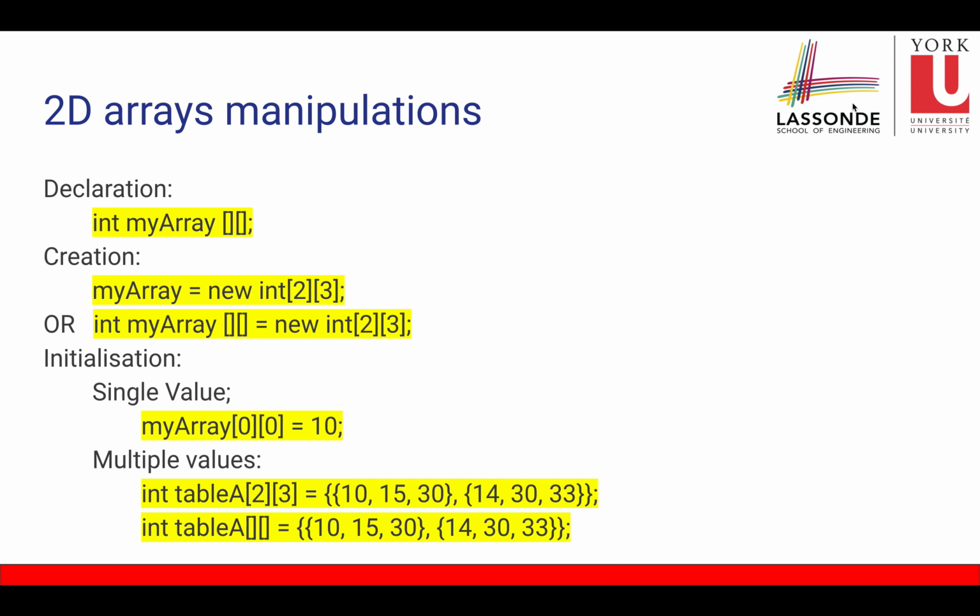Like the first example, integer table A, 2 rows, 3 columns, and we use embedded brackets, putting 2 rows, and every row has 3 numbers. Since we already know how many rows and how many elements, we could skip the number of rows and the number of elements in every row in the definition.